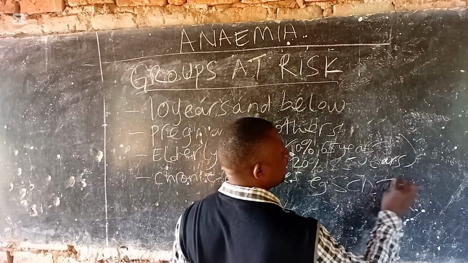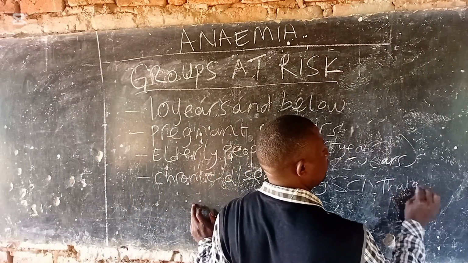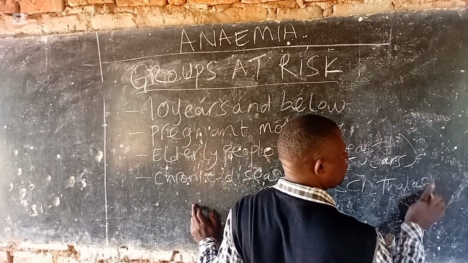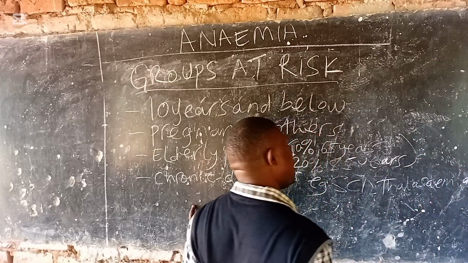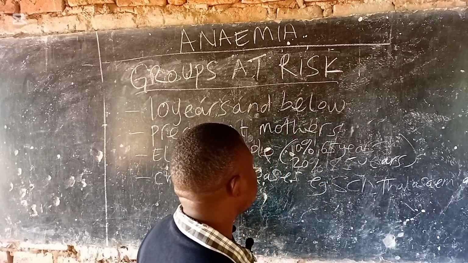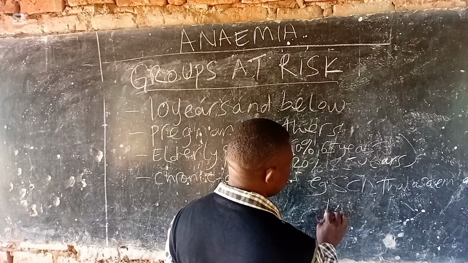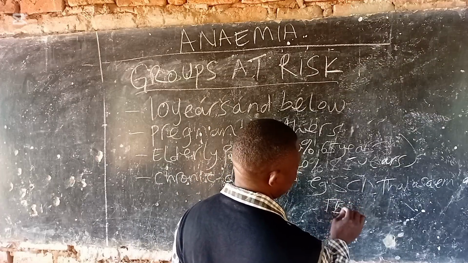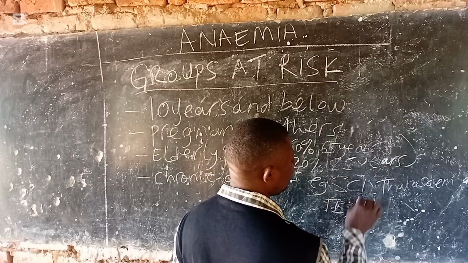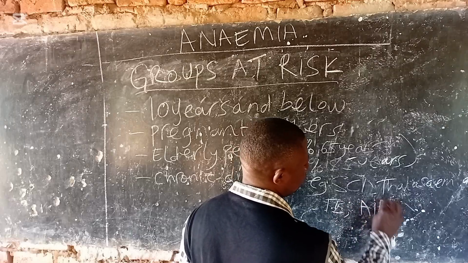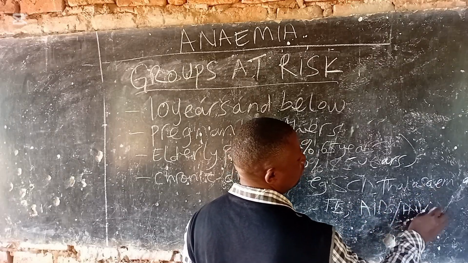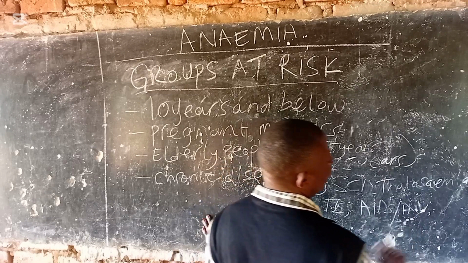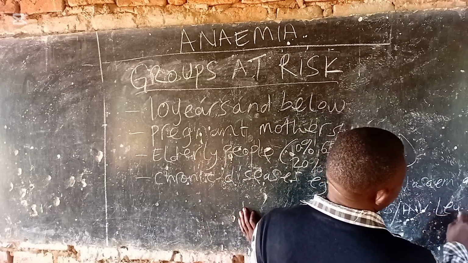The ones with thalassemia, they are at risk of getting these diseases. We have those people with TB, those people with AIDS, stroke, HIV. We have leukemia. There are many diseases.